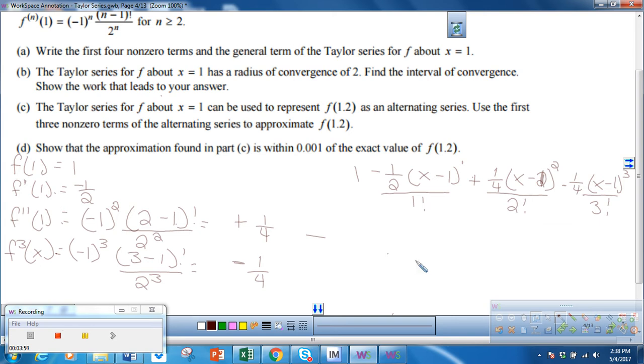Now, I can simplify this, of course, but it's not necessary. You can write it just like this, but if you want to simplify it, it would be 1 minus 1/2 x minus 1 plus 1/8 x minus 1 squared minus, let's see, 3 factorial is 6, so 4 times 6 is 24, so that would be 1 over 24 x minus 1 cubed.